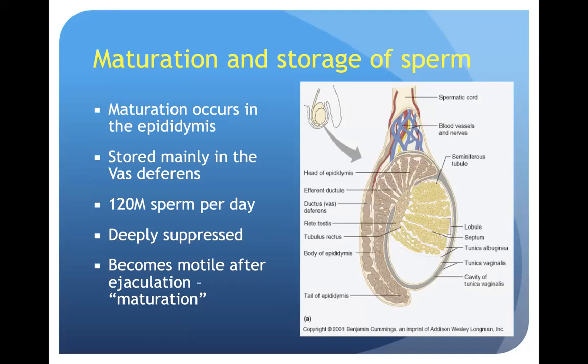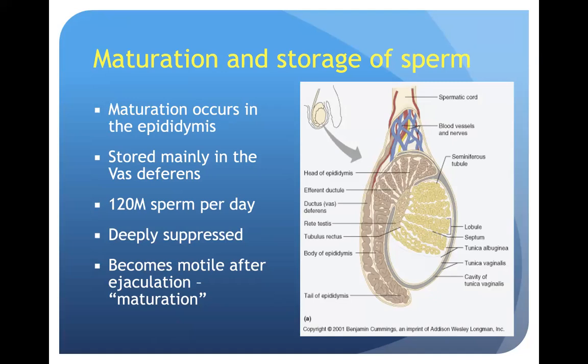And take note that around 120 million sperm cells are produced per day. Okay? So when does the sperm cell acquire yung motility niya, or nagiging fully mature siya? Once after ejaculation, kapag nag-lyse na yung semen, later on we will talk about it, doon niya ma-attain yung full motility niya.